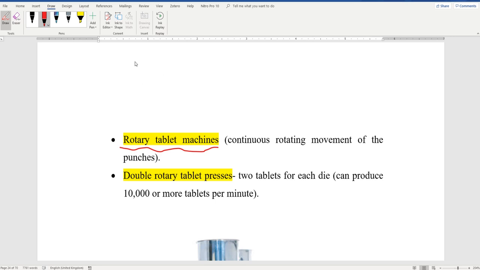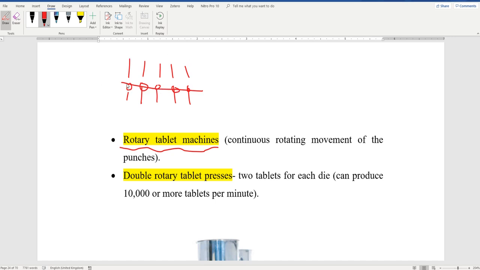No, we have several upper punches and lower punches, and in between we have die cavities. This rotates while in process. While compression is happening, all the settings are rotating with each other. An upper punch with a lower punch and a die cavity, they rotate. That's why they call it rotary. They rotate all the time.